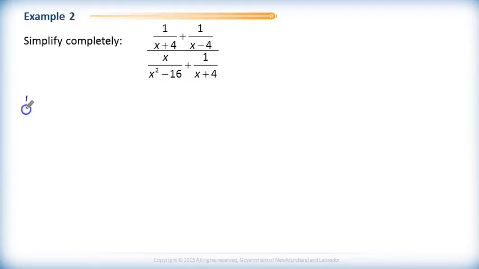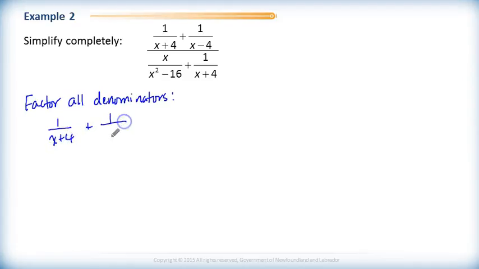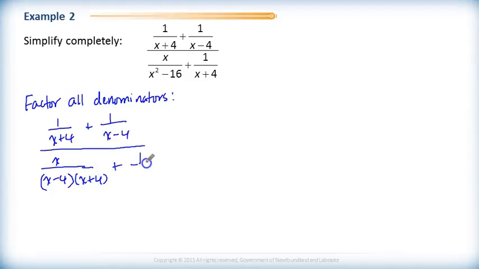So I'll begin by factoring all denominators. Factor all denominators. So in this case, I have 1 over x plus 4, nothing I can do with that. 1 over x minus 4, all over x minus 4, x plus 4, plus 1 over x plus 4.